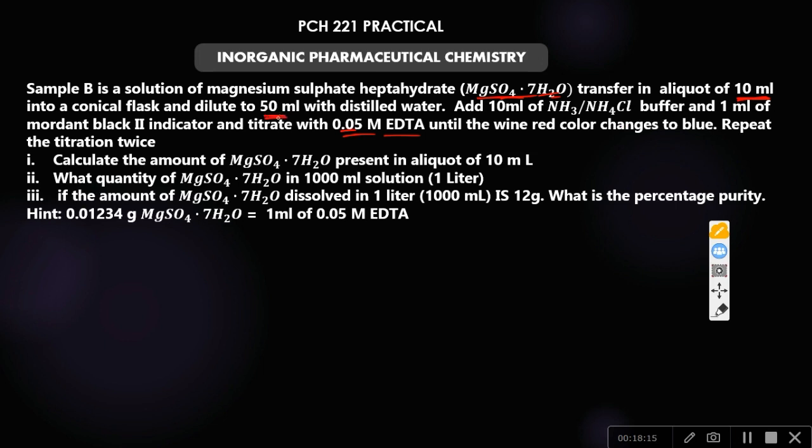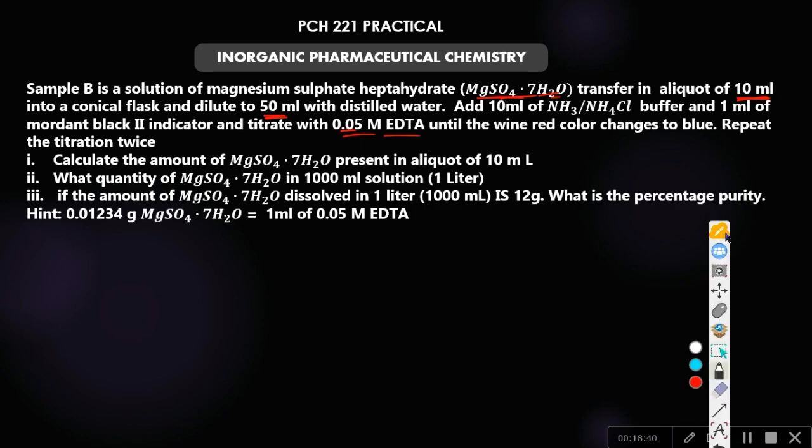So forget about the 50 mil that they say you should dilute it to. The dilution is just there to make the volume up to 50. The initial amount of the stock you pipetted is 10 mil. So they're asking you how much of magnesium sulfate is present in this 10 mil. What they are asking is the calculated weight of magnesium.